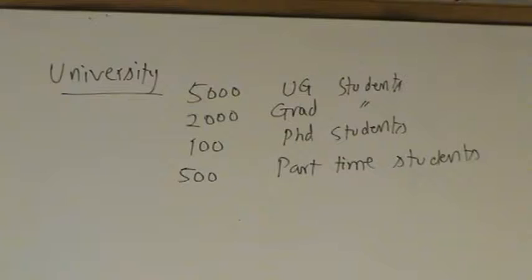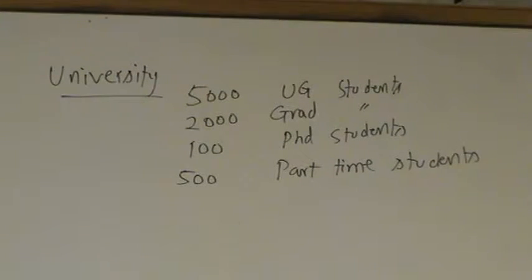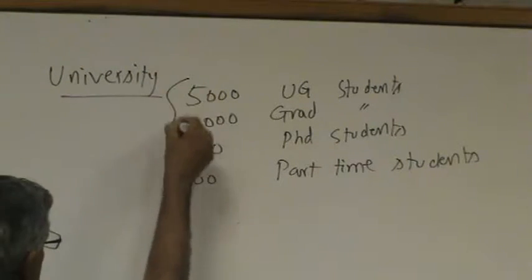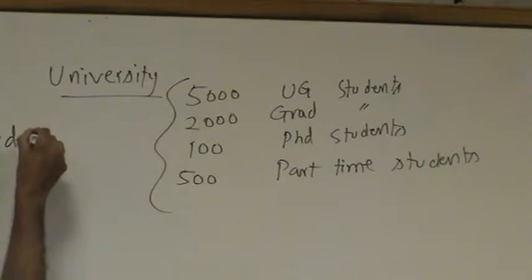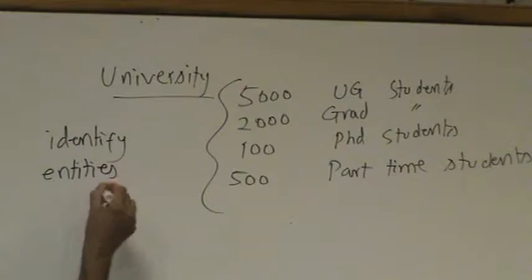So, as we discussed, anytime you have to create an application, the first question where a lot of people get stuck is, where do I start? Okay? So the starting point is always to identify the entities that exist in real life.